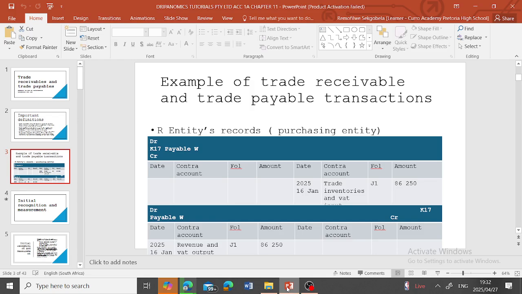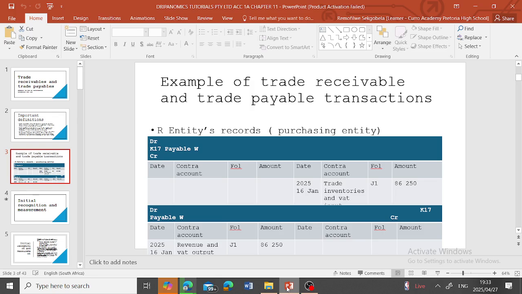If you are the purchasing entity, you are going to debit payable W, no, credit, I mean trade inventories. Why? Because you bought inventories on credit, so you owe more, your liabilities or payables increase, hence it's credited. And then for the selling party, they're going to have their amount debited, 86,250. Why?